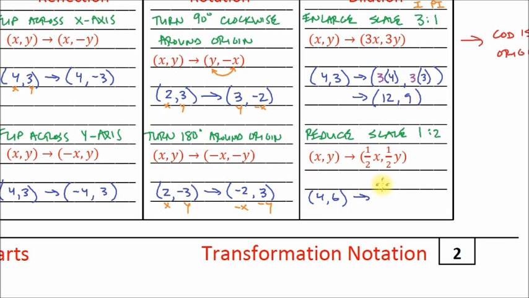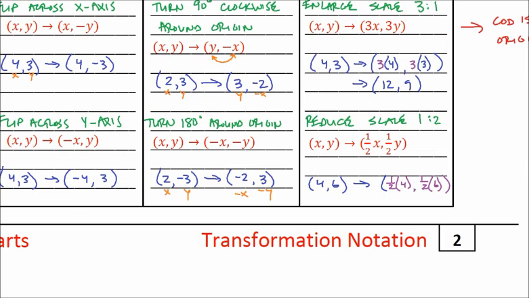When we go through our transformation, we're going to have 1/2 times 4 and 1/2 times 6. When we do that final math, we end up with a new coordinate: 1/2 of 4 is 2 and 1/2 of 6 is 3. So when we reduce by a scale factor of 1 to 2 using the origin as the center of dilation, (4, 6) becomes (2, 3).